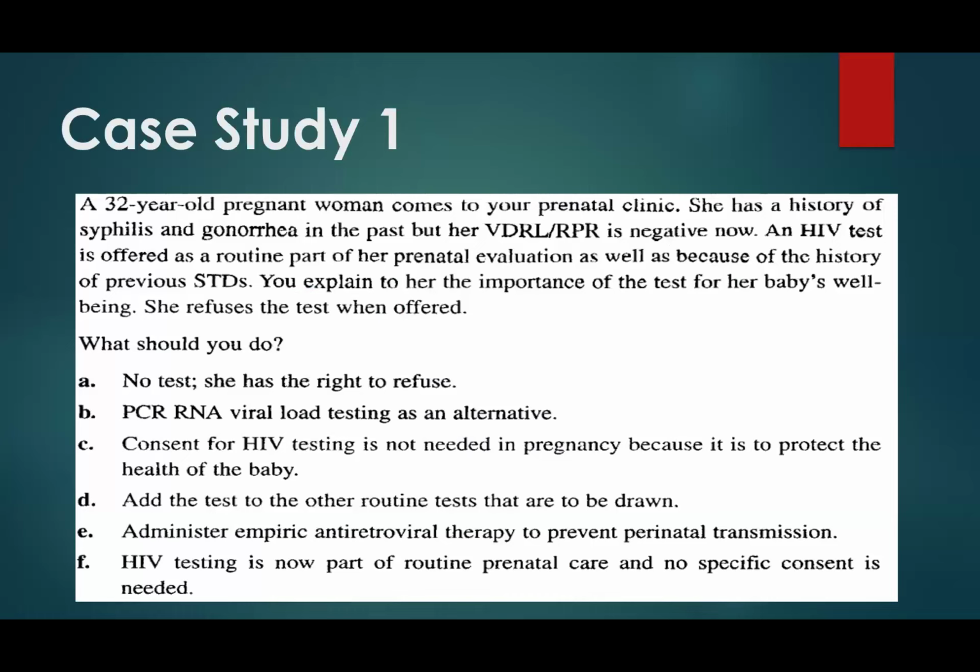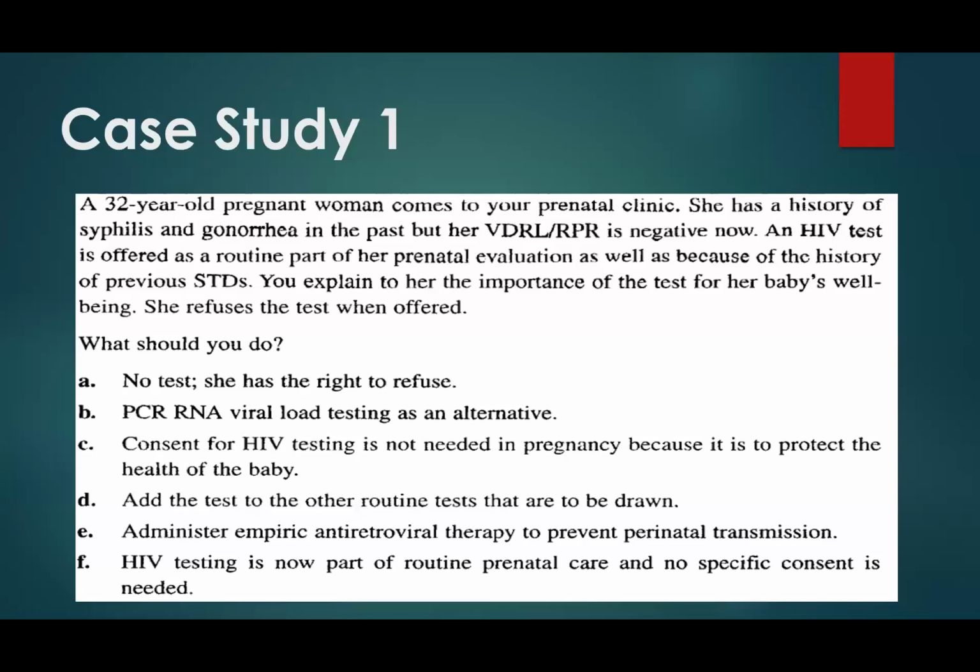An HIV test is offered as a routine part of her perinatal evaluation, as well as because of the history of the previous sexually transmitted diseases. You explain to her the importance of the test for her baby's well-being. She refuses the test when offered. What should you do? What is the best choice here?